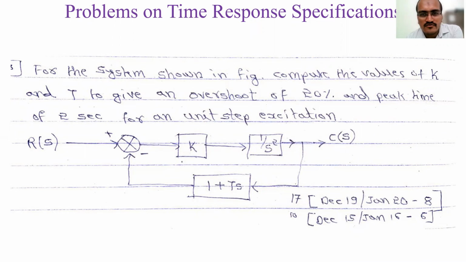For the system shown in figure, compute the values of k and tau, the time constant, to give an overshoot of 20% and peak time of 2 seconds for a unit step excitation. So first look at the problem, what is asked and what is given. You have to observe that very carefully, otherwise you will not get the idea.